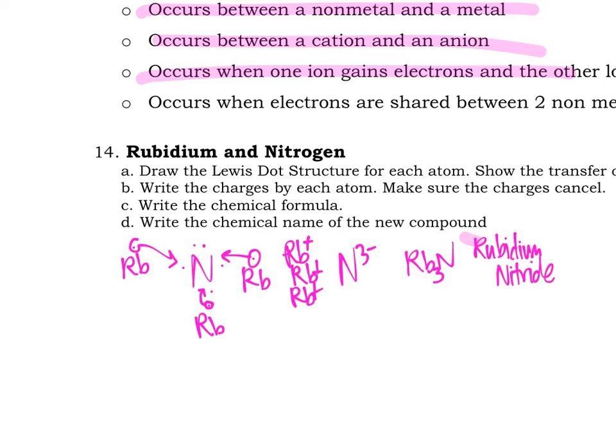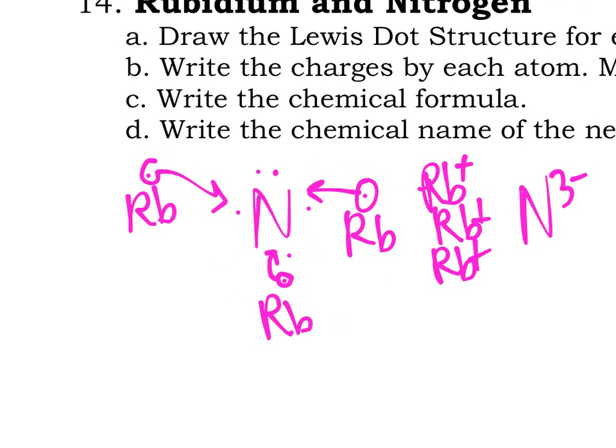For rubidium and nitrogen, if we were to draw our Lewis dot diagrams, remember, we are adding Lewis dots only based upon the number of valence electrons. Rubidium is in group 1. It has 1 valence electron, so it's going to become a +1. Nitrogen, being in group 15, has 5 valence electrons and wants to gain 1, 2, 3, because it is missing 3 buddies.